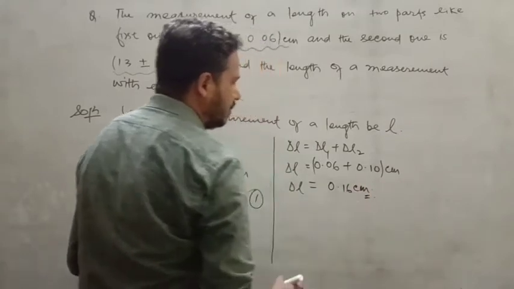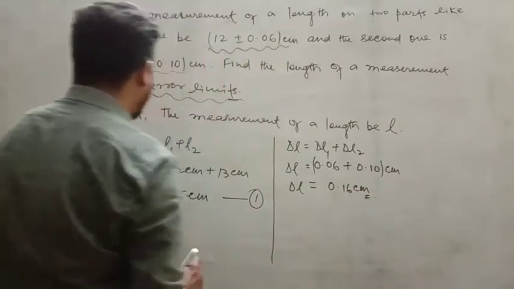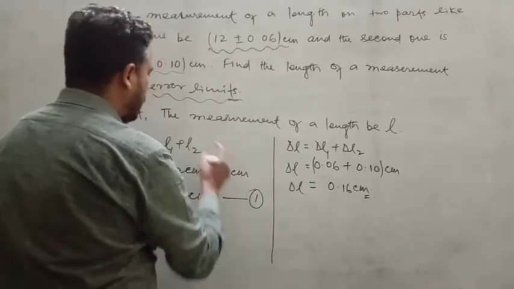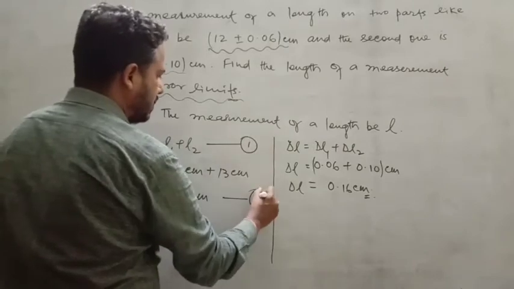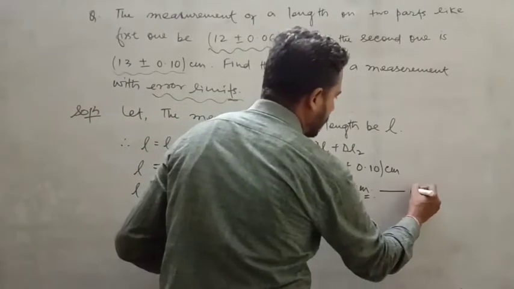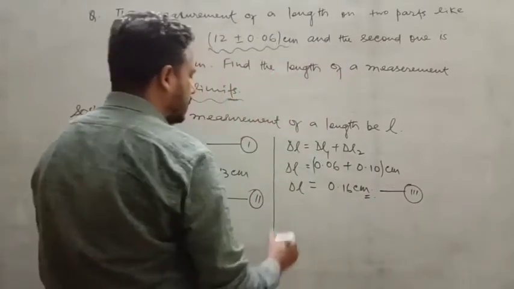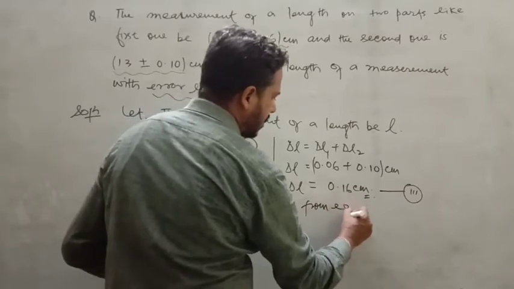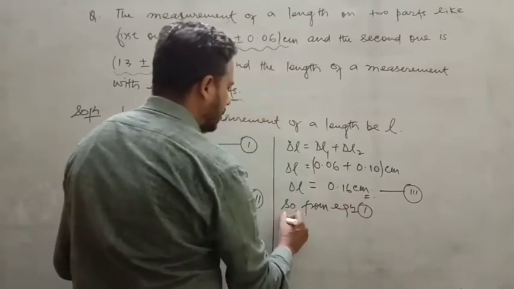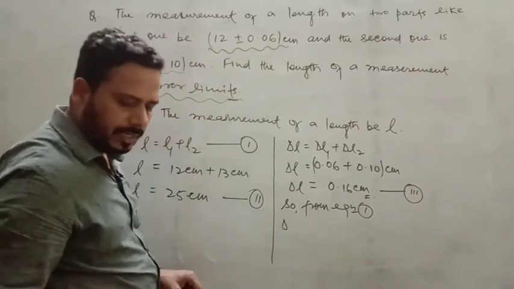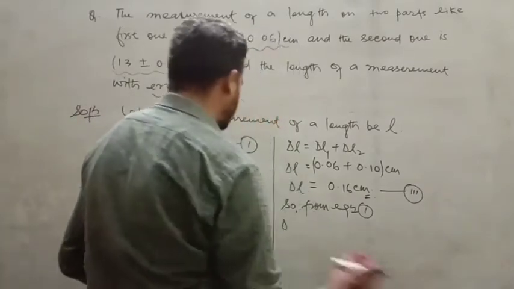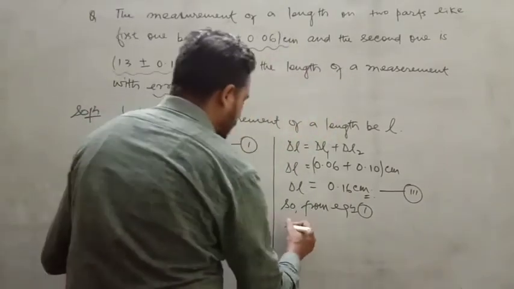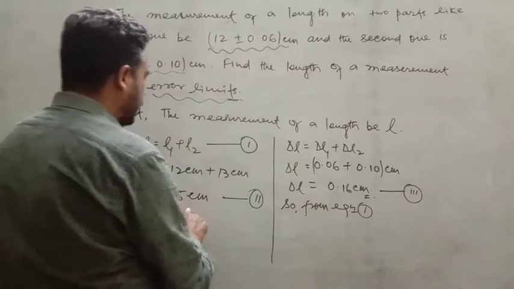So your answer would be, see from here, assume this is your equation 1, this is the second equation, and this is your third equation. From equation 1 you can see that L is 25.